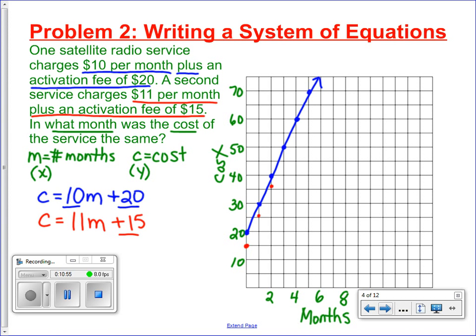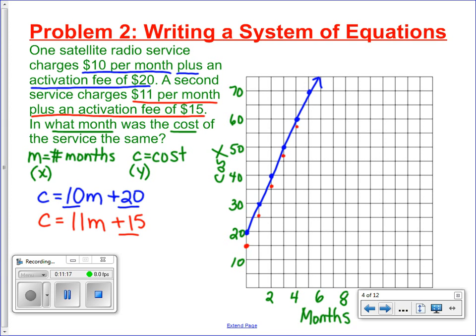Up 11 and over 1. Up 11 and over 1. Up 11 and over 1. And I probably need to get my dots a little bit better.